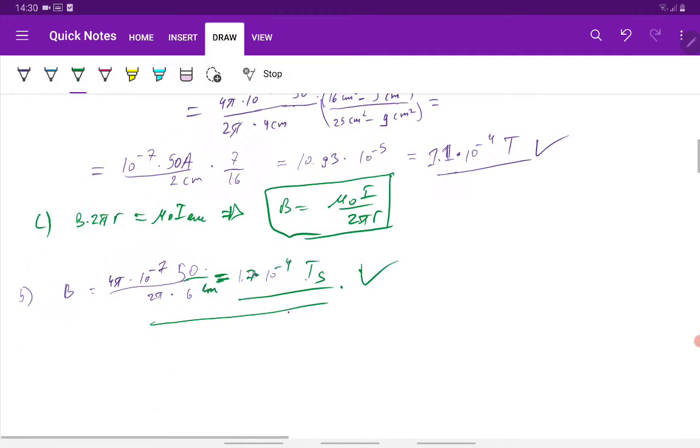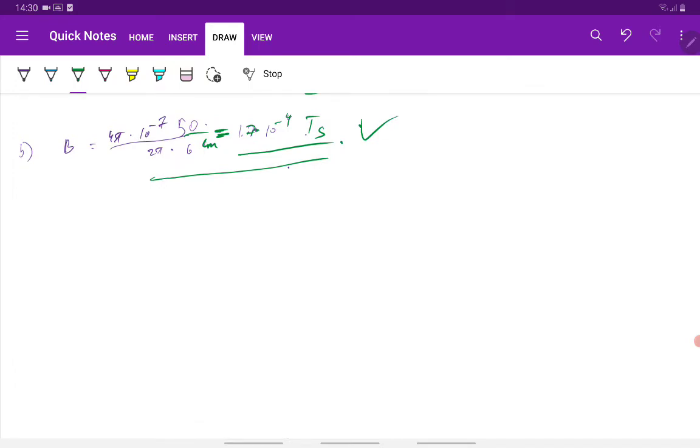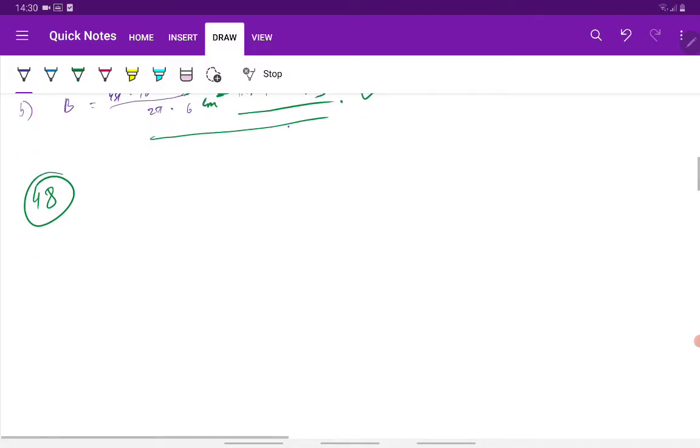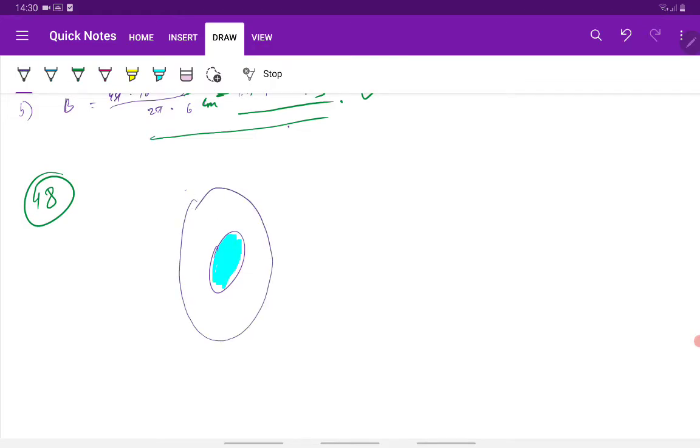Now next let's consider problem 48. We are given this long cable, and after that we are also given another cable. Let me actually draw this.